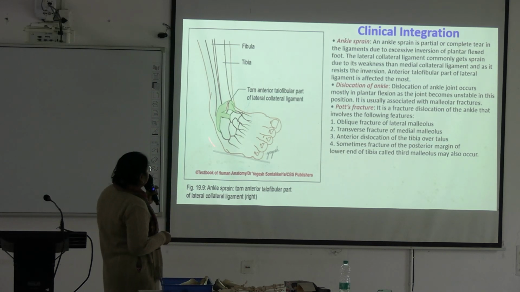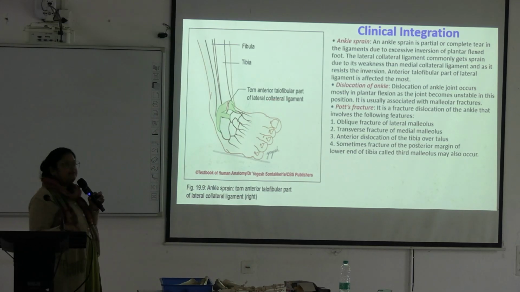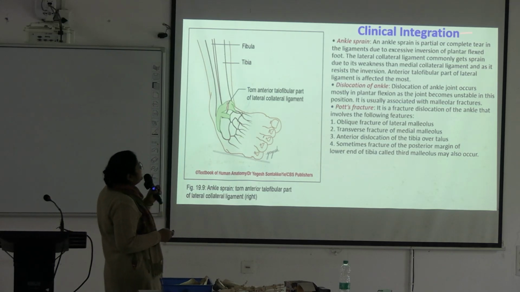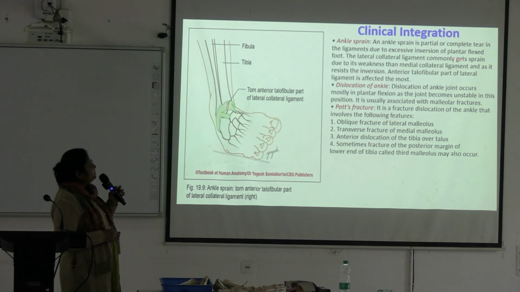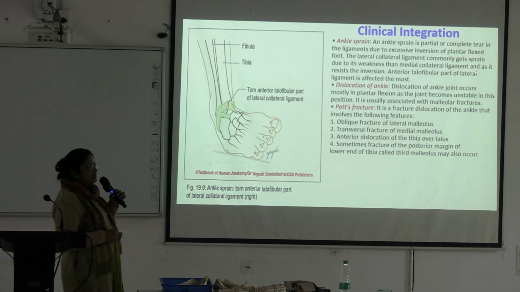First is ankle sprain. When the foot is folded like this, there will be tearing of different ligaments, which leads to ankle sprain. Ankle sprain is a partial or complete tear in the ligaments due to excessive inversion of the plantarflexed foot. The lateral collateral ligament commonly gets sprained, due to its weakness compared to the medial collateral ligament.